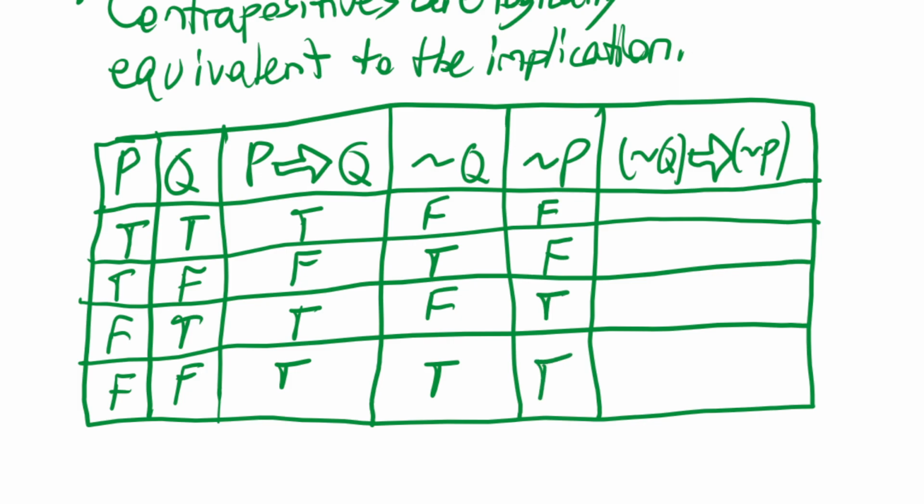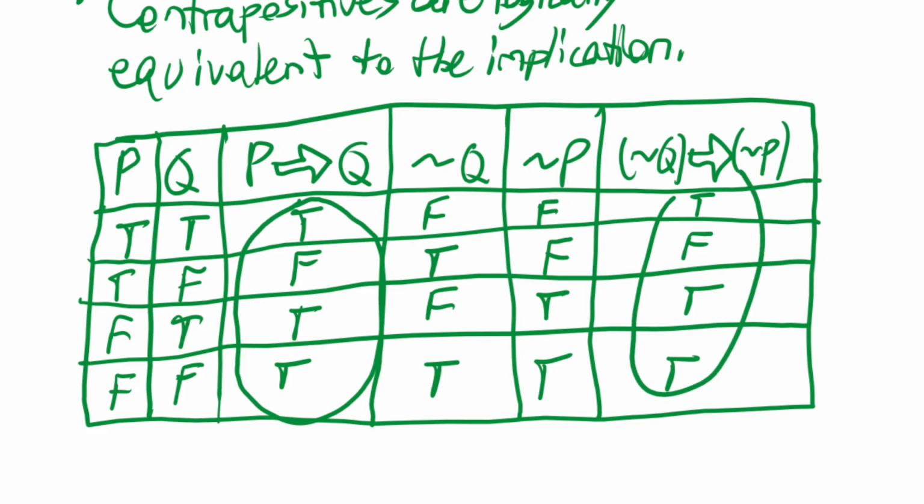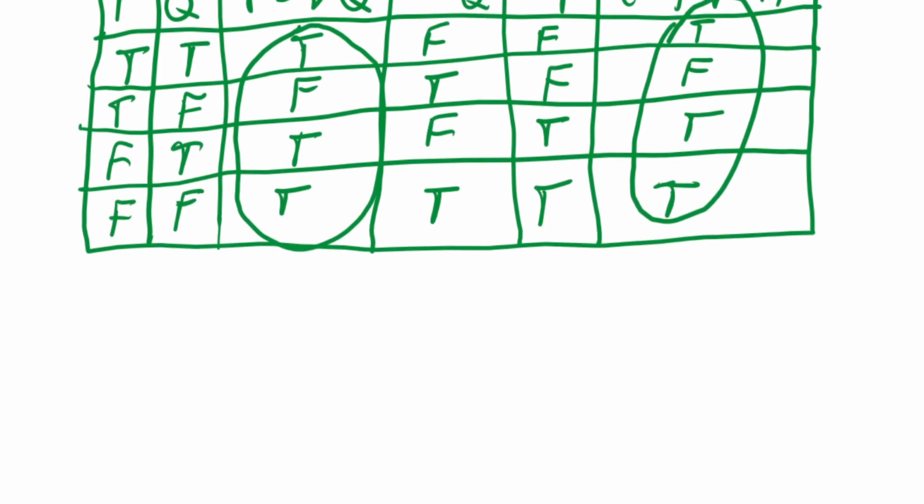And if we were to look at not Q implies not P, well, for this one it's going to be true, and then false, and then true and true. So if you notice, these have the same truth values for the statements P and Q. So therefore, we can use a contrapositive proof instead of a direct proof for the implication, because it holds the same logical equivalence.